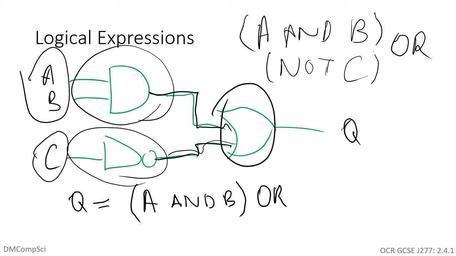So to make it clearer to ourselves here, we're just going to put brackets around A and B so we know that the B isn't operating with the OR. It just makes it clearer to us. And then we will put NOT C on this side. So therefore, that is actually our full expression. Q equals A and B in brackets OR NOT C.